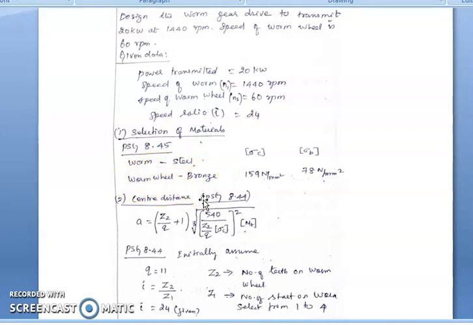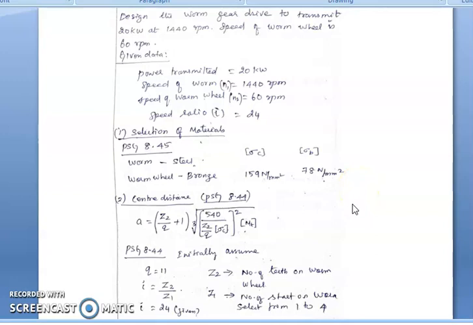Based on the velocity, the type of casting or manufacturing method, whether castings or forgings, and then the treatment method, we can select sigma C and sigma B. We always prefer sigma C and sigma B for the worm wheel only. So from page number 8.45, for worm wheel material bronze, I have selected sigma C as 159 Newton per mm square, sigma B as 78 Newton per mm square.